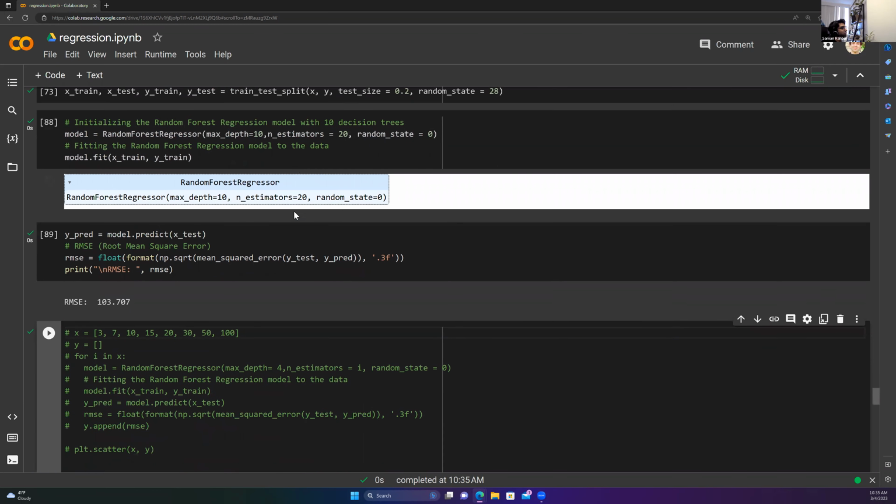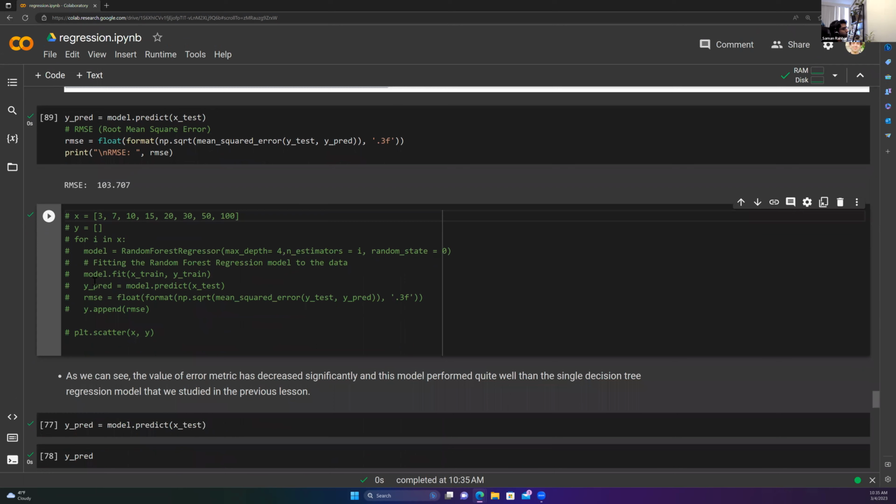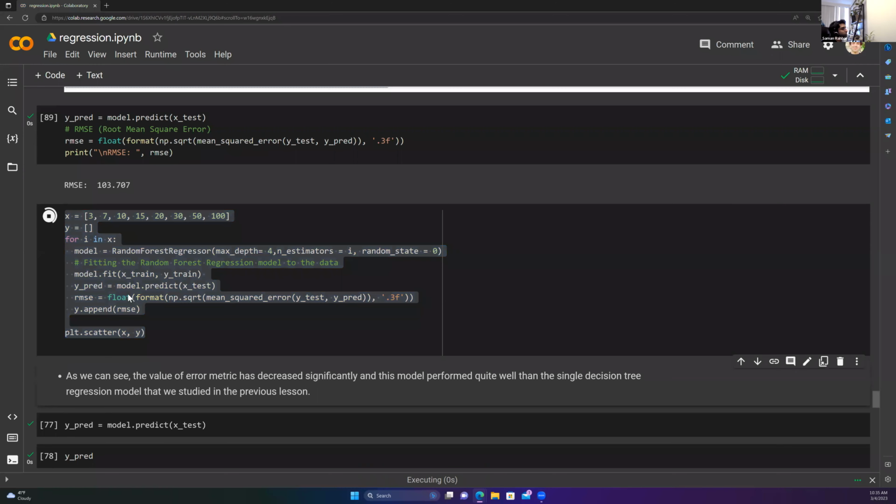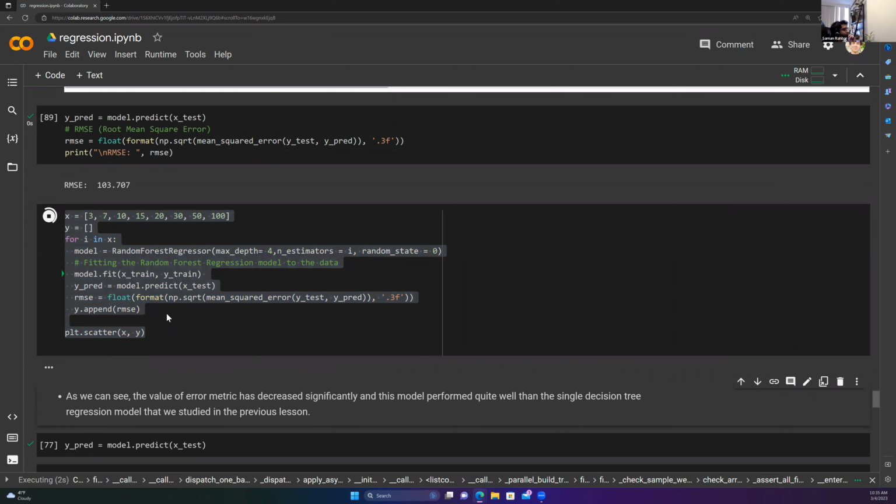I have another function here, which I commented out. So you can experiment with different numbers of estimators within this range and see how the results would change. If you run it, we get a scatter plot.